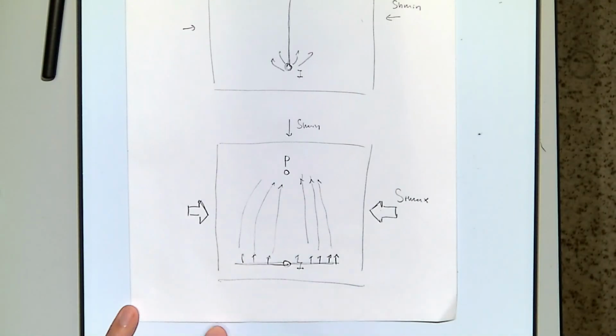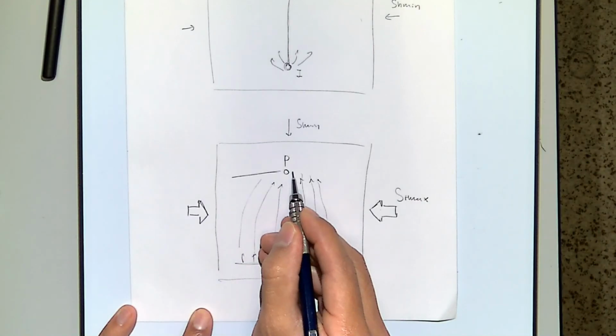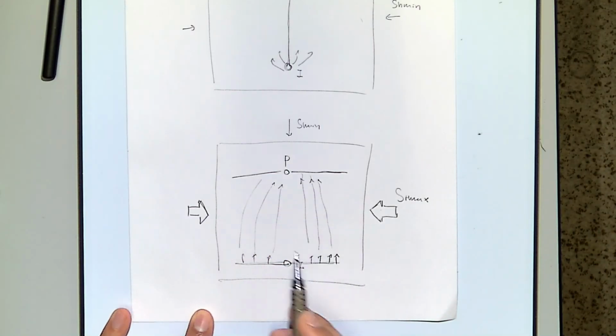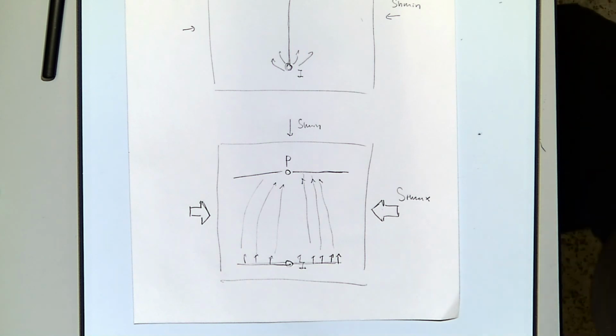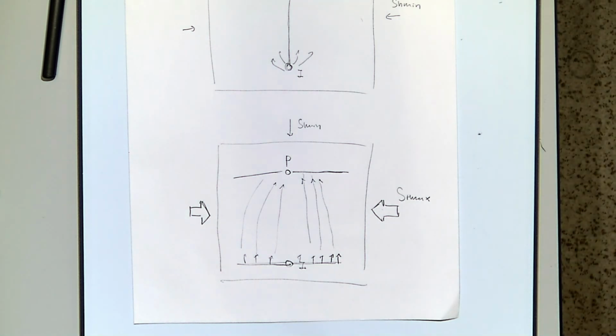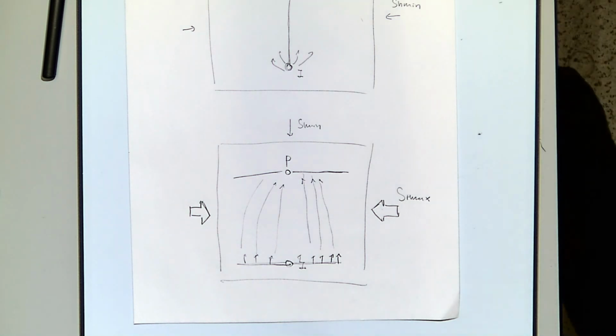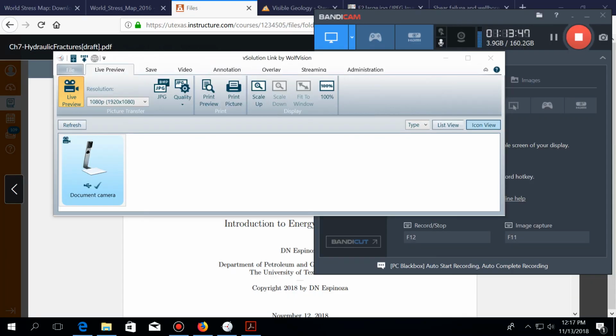And you could also fracture the producer to extend the area in which you can recover the oil. So sometimes it can be good, sometimes it can be bad. It's very important to know the orientation of the principal stresses. All right, guys, I'll see you on Thursday.